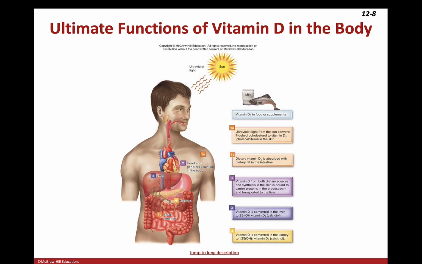Dietary vitamin D2 is absorbed with dietary fat in the intestine, and vitamin D from both dietary sources and synthesis within the skin are bound to carrier proteins in the bloodstream and transported to the liver. Here, vitamin D is converted to calcidiol. Vitamin D is converted in the kidney to calcitriol.